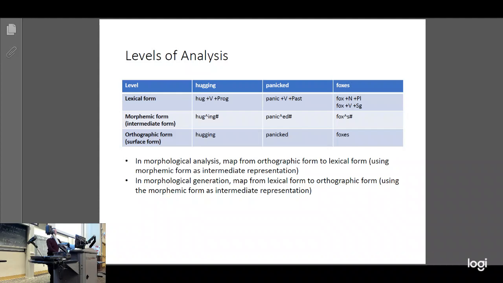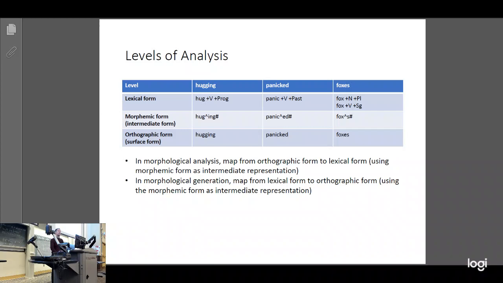So getting between that representation of a word and the orthographic or surface representation of the word. And orthographic just means with reference to writing, the right way to write. So we're going back and forth between hug plus V plus prog and hugging.